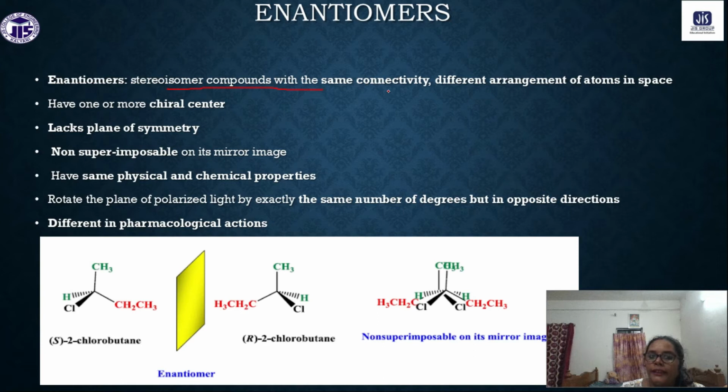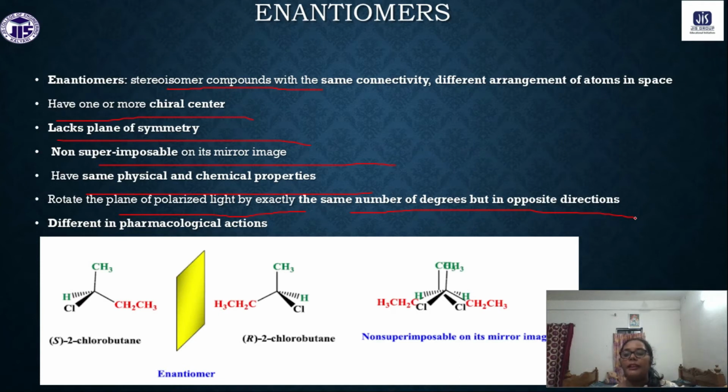They have one or more chiral centers, lack a plane of symmetry, are non-superimposable on their mirror image, and have the same physical and chemical properties. They rotate the plane polarized light by exactly the same number of degrees but in the opposite direction. So this is the property of the enantiomer.